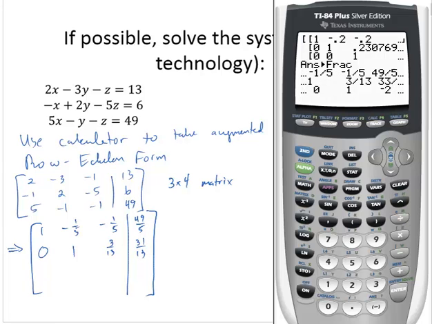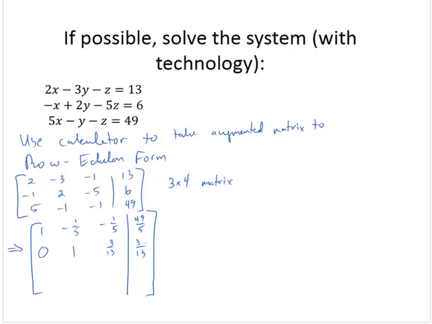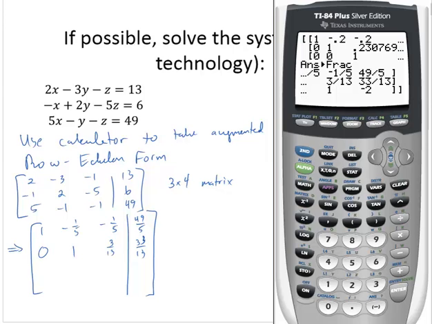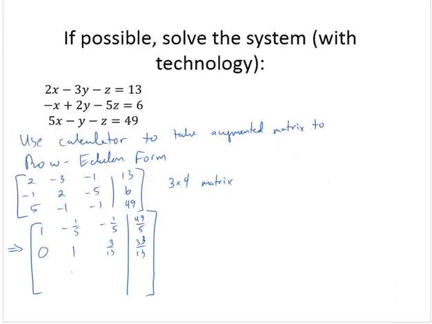Let me just double check that. 33/13. Alright, and the last row says 0, 0, 1, -2. Alright, so we have this row echelon form, and from it we see that z equals -2.